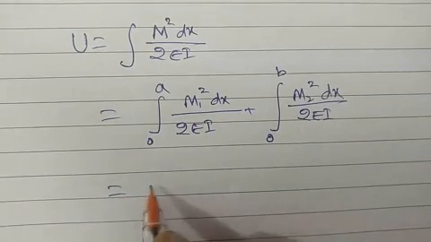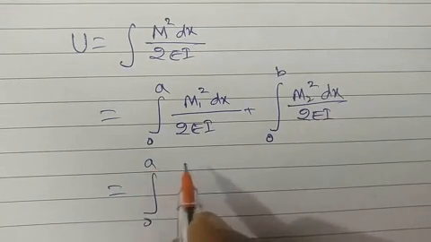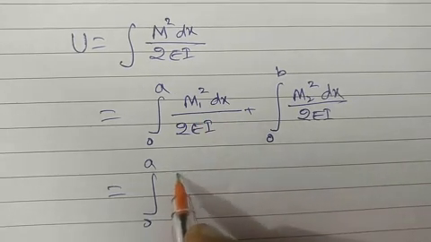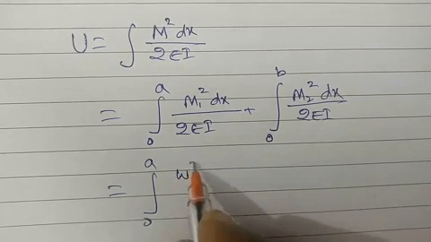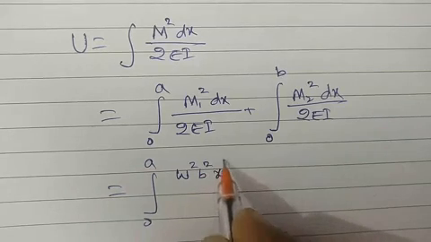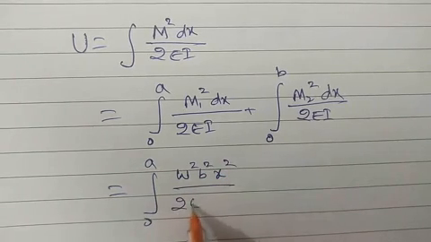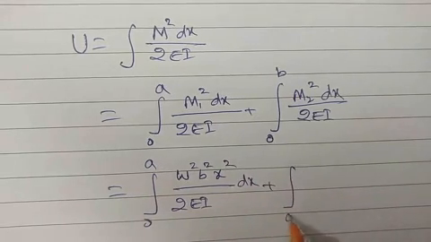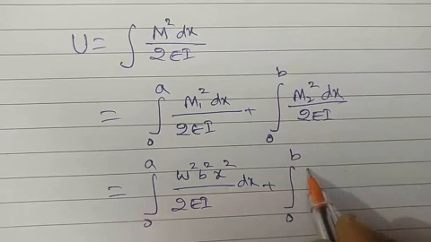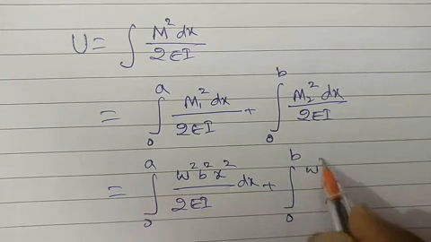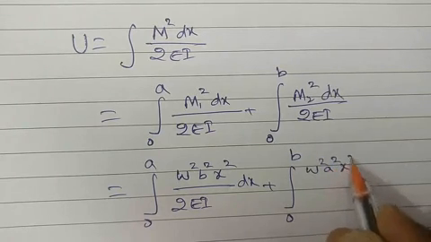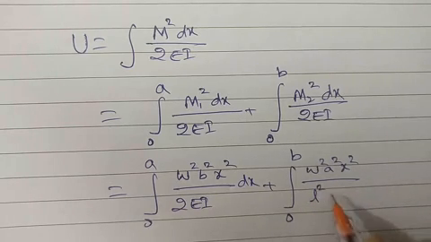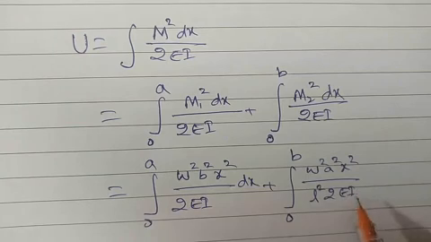Substituting M1, 0 to A, M1 square is W square B square x square by L square 2EI dx plus 0 to B, M2 square is equal to W square A square x square by L square 2EI, here also L square.